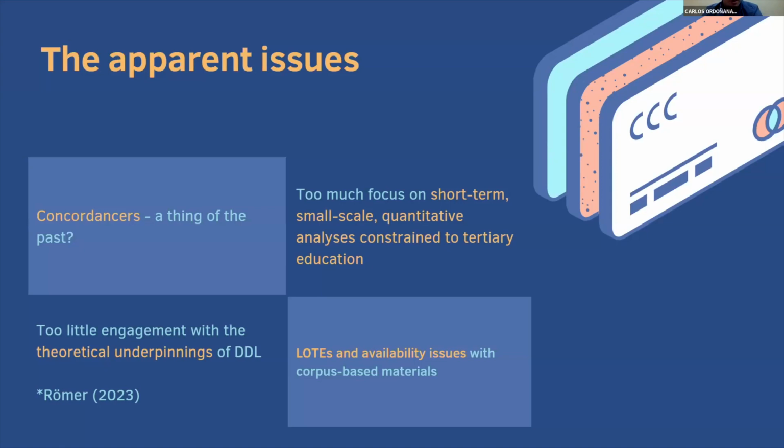There's also apparently too much focus on short-term, small-scale quantitative analysis constrained to tertiary education, because most of the support for DDL is set in university settings. Most of the quantitative data that has been analyzed regarding how DDL functions has been set in tertiary education, with people who study language, maybe, to start a career in language.